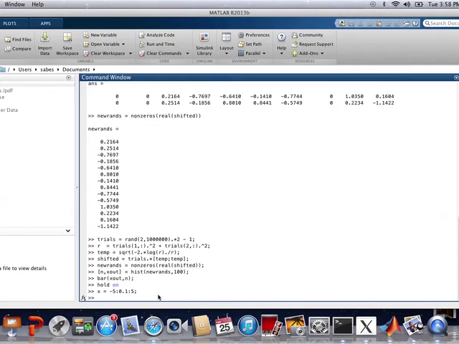and we have the corresponding y values, and this is where the normal distribution comes in.